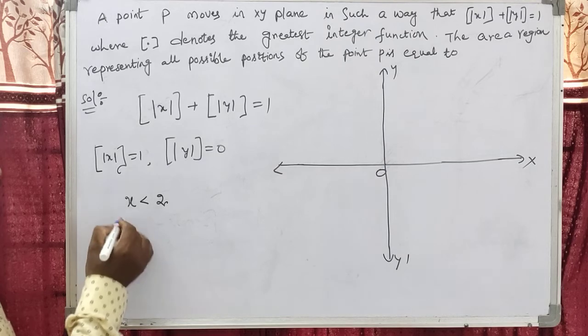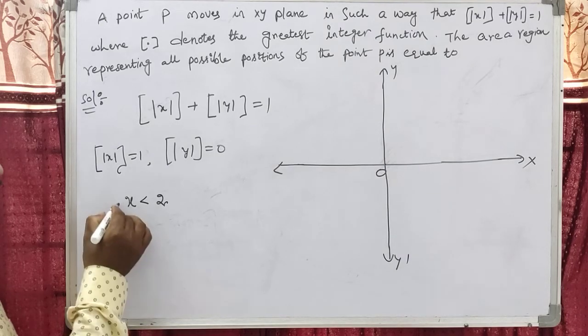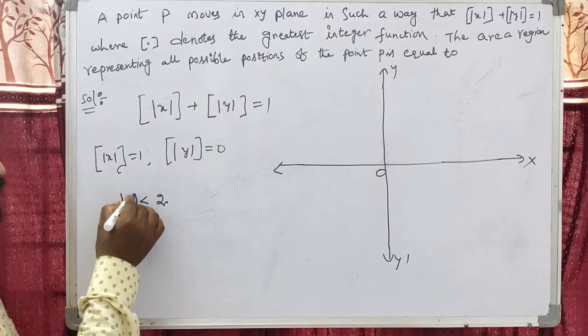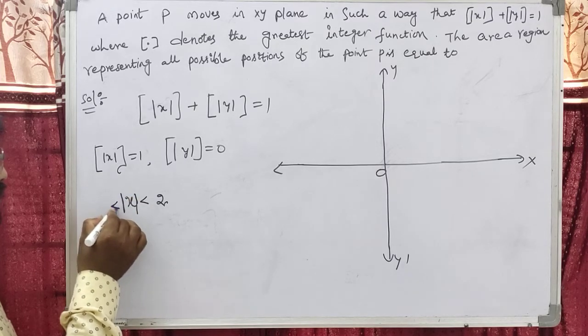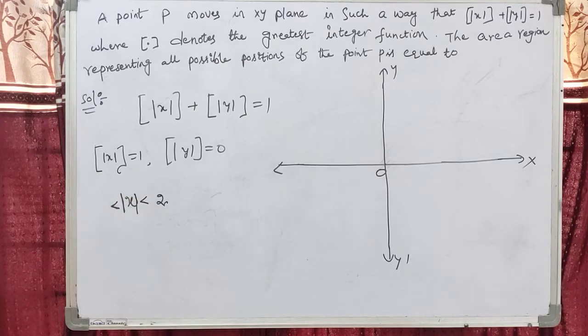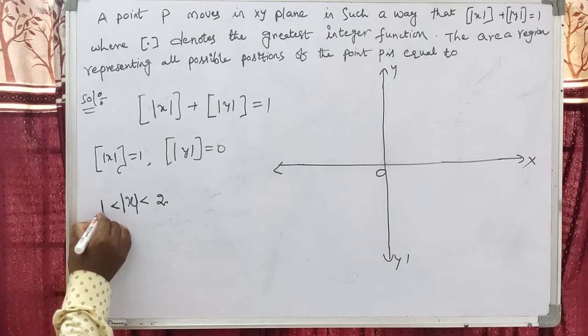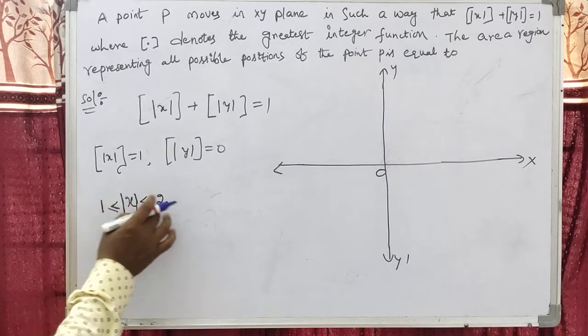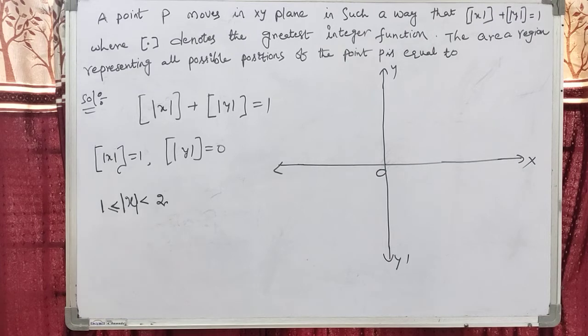At the same time, you can write directly that |x| is less than 2, and also this is greater than or equal to 1. From 1 to 2, when it is 1 to 2, 1 is included, no doubt at all. The |x| must be from 1 to 2, then it is 1. Yes, 1 is equal, the step of 1 is 1. 1.9 is also 1.